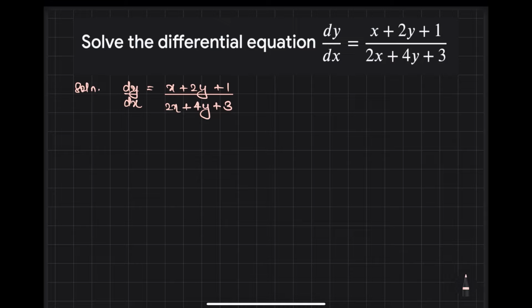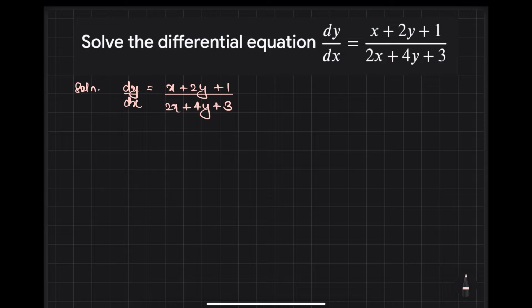Look at the approach. First we will apply the filter of variable separable method. If you observe, you cannot apply it because all x are not together, all y are not together, and both of them are not in product.